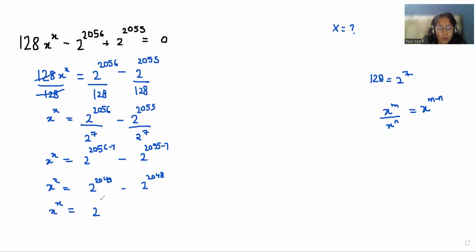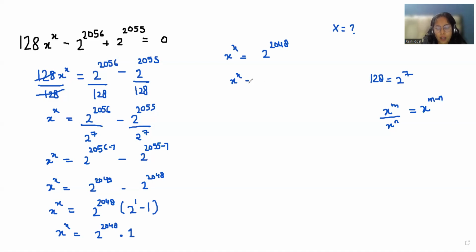Now I can take 2^2048 as common. So what is left? 2^1 − 1. So x^x is equal to 2^2048 times 1. So x^x is equal to 2^2048.